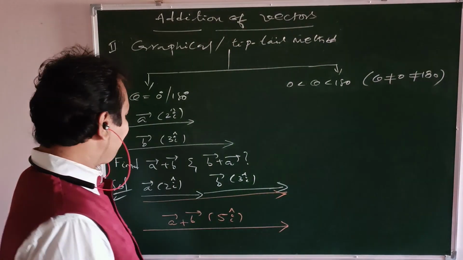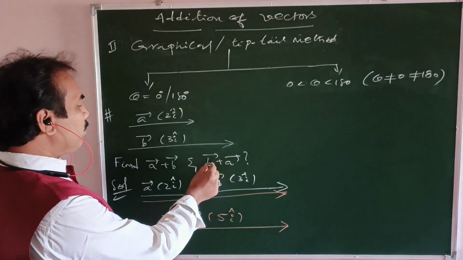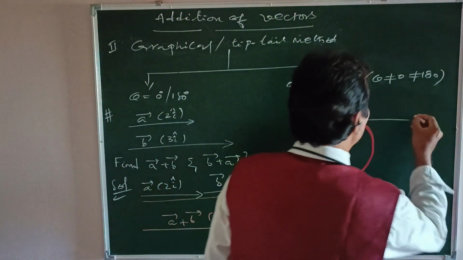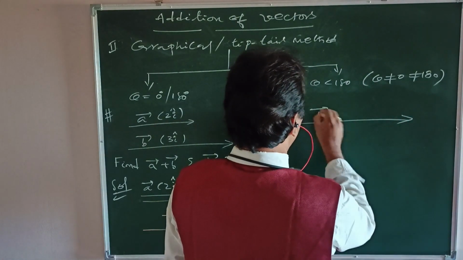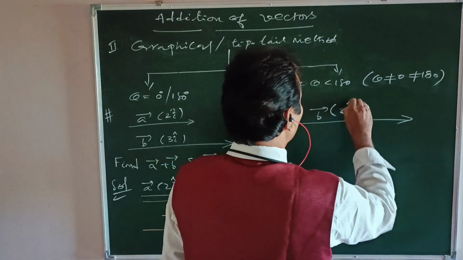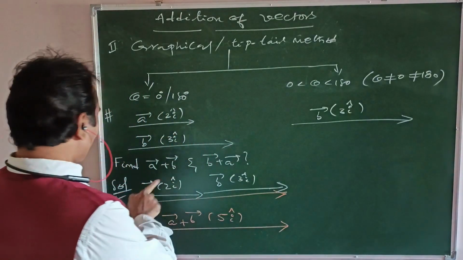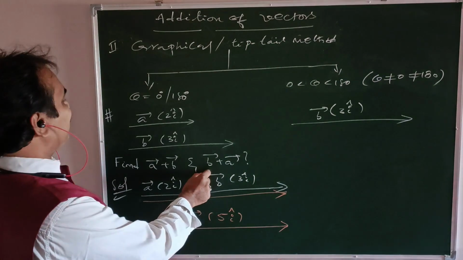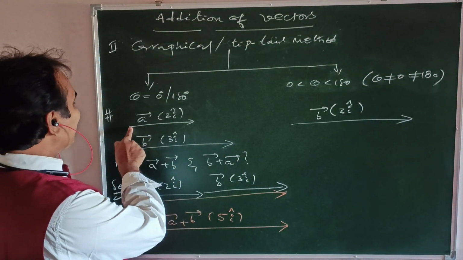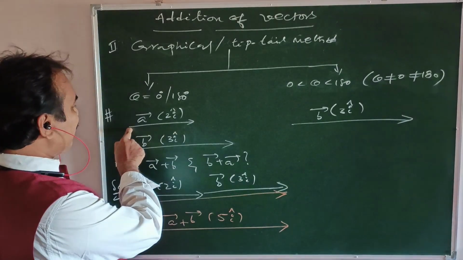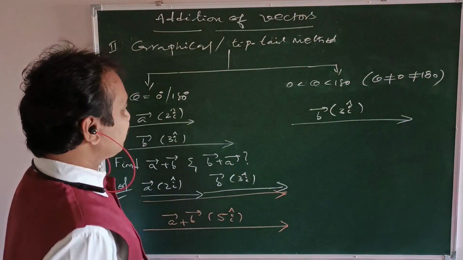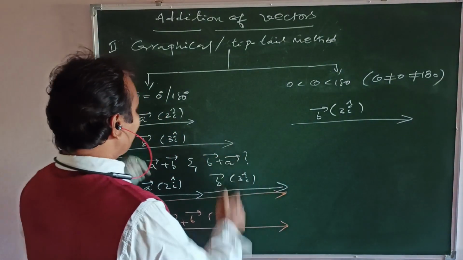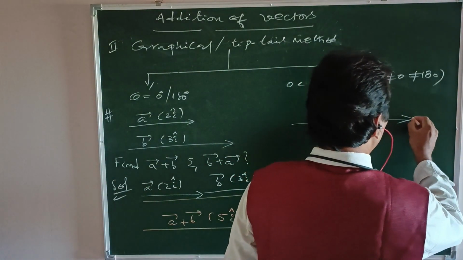How to find B bar plus A bar? Means A bar is to be added to B bar. Means take B bar as usual, B bar of magnitude 3i cap. Okay. B bar plus A bar means A bar is to be added to B bar such that the tail of A bar is connected to head of B bar. Like that.